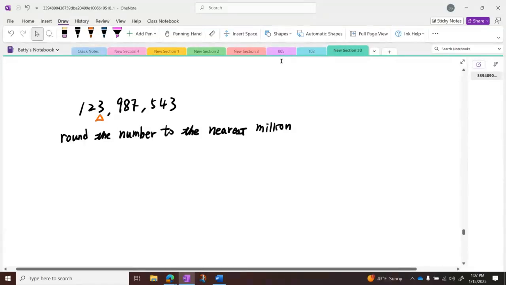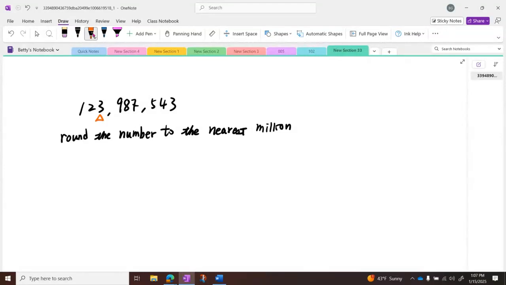To round a number to the nearest million, we look at the digit right behind it. Right behind 3, we have a digit 9. Since 9 is bigger than or equal to 5, we are going to round this number up. We add a 1 on top of 3, and this number can be rounded to 124 million.